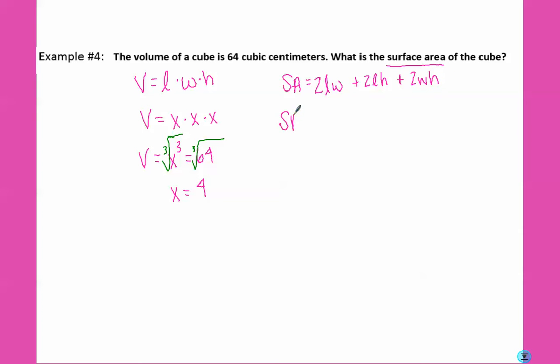They're all 4. So 2 times 4 times 4, plus 2 times 4 times 4, plus 2 times 4 times 4. Type that all in your calculator, and you should get that our surface area is 96 centimeters squared.